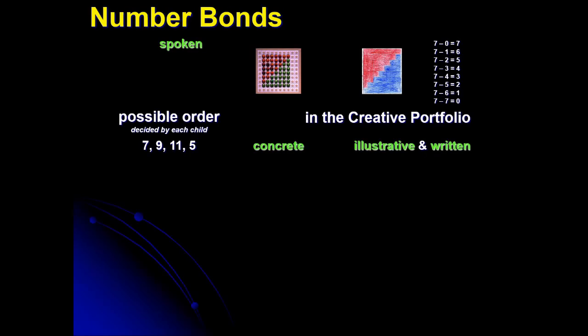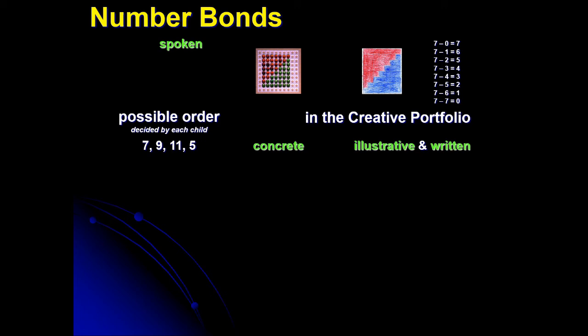Here is an example of how a child or a pair could progress. First of all, they will use several quantities at the concrete level, followed sometime later by the illustrative level and the written level.